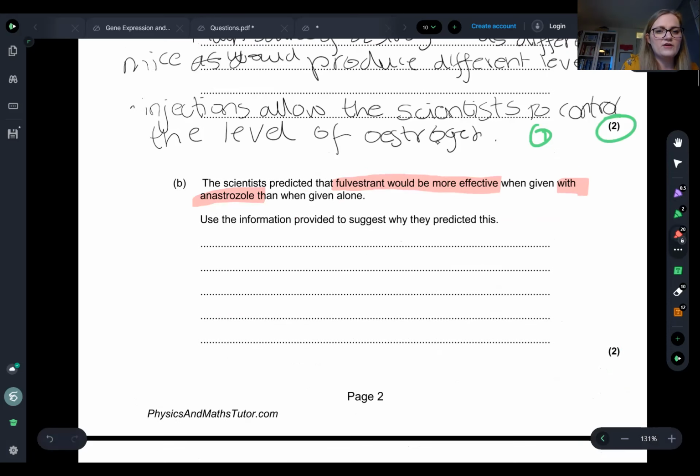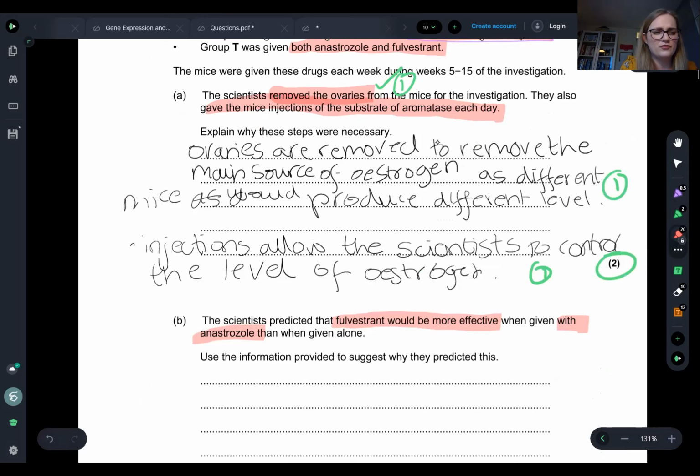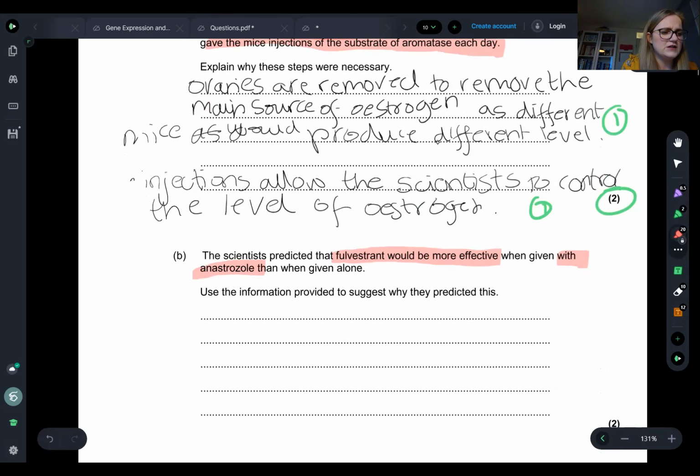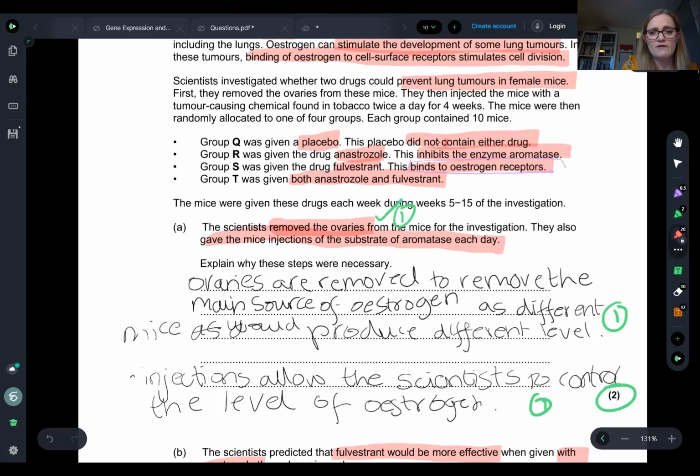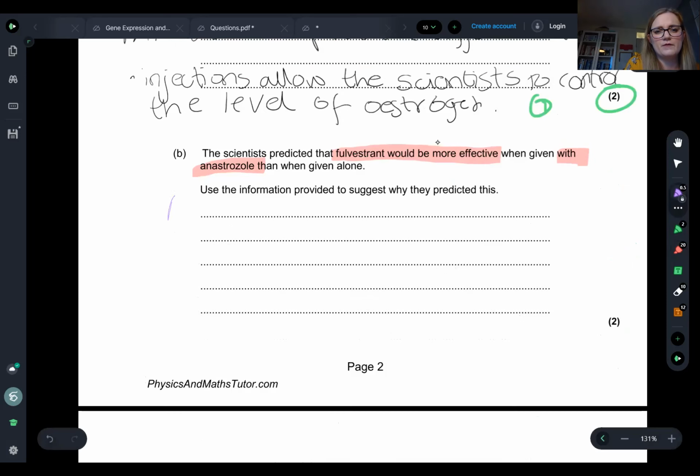So straight away we can say, well, anastrozole prevents, reduces estrogen production. We know that because it inhibits the enzyme, which will prevent, reduce estrogen production. So I'm just going to put A for anastrozole. So A prevents estrogen production.